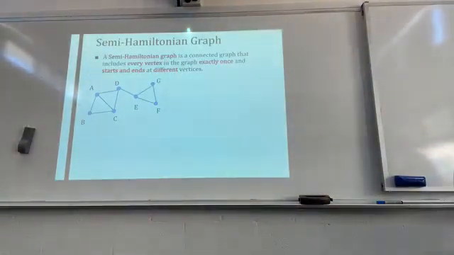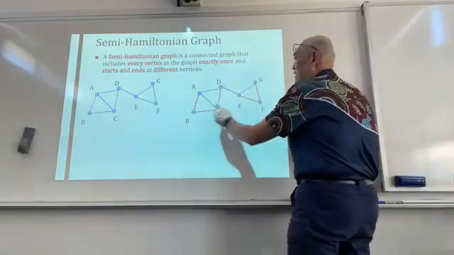Now, semi-Hamiltonian graph. A semi-Hamiltonian graph is a connected graph that includes every vertex in the graph exactly once and starts and ends at different vertices. So here, you can see that I have changed the color of that.